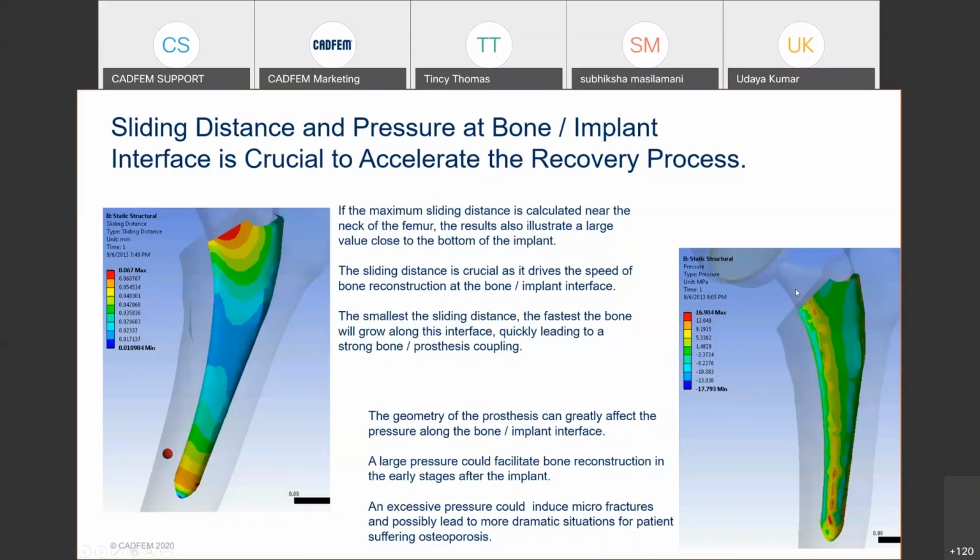At the same time, if you increase the pressure by increasing the geometry of the implant or something, that means there is a chance of creating micro fractures, which will further cause more pain, and the situation will be very bad. So it should be within range, so that the sliding distance and the pressure at the interface between the bone and the implant are within the limit. These kinds of things we can see and understand through simulation.